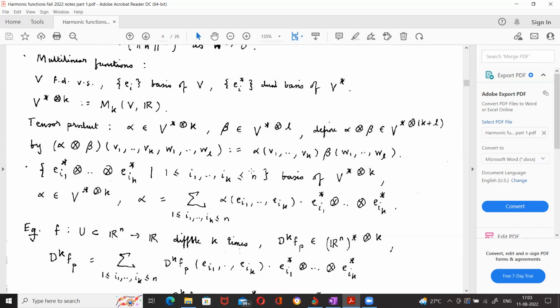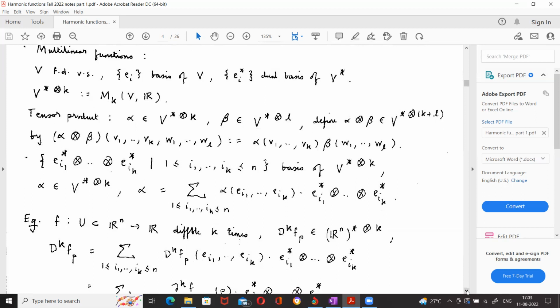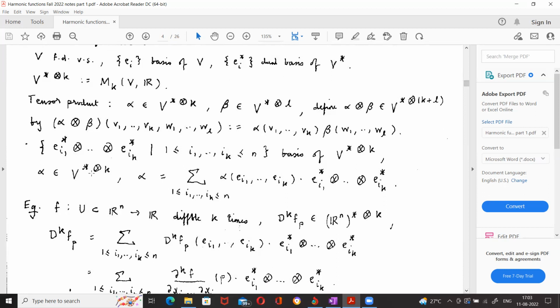In other words, this is a basis of the space of all k multilinear maps. And in fact, if alpha is a k multilinear function, then I can write it explicitly as a sum over i_1 to i_k ranging from 1 to n of alpha of e_{i_1} up to e_{i_k} times e_{i_1} star tensor e_{i_k} star. So the coefficient of alpha with respect to this basis is nothing but alpha of e_{i_1} to e_{i_k}.